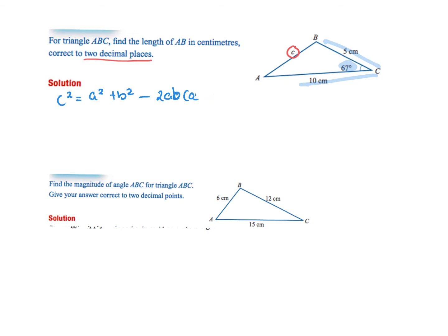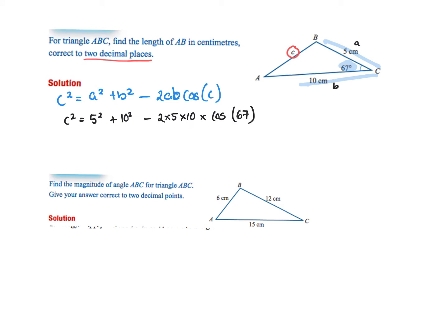Sorry. Cos C. So you can type that out and substitute in. You could write C squared equals, now A is there and B, so it'll be 5 squared plus 10 squared minus 2 times 5 times 10 times cos 67.